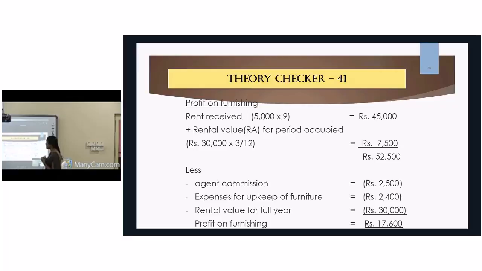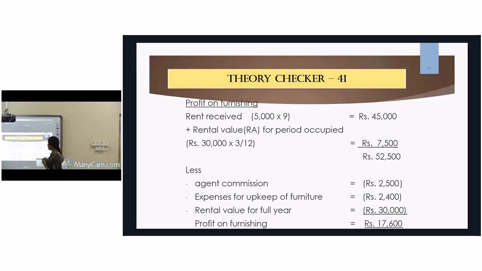52,500 is the income. Then from that you have to reduce the expenses. Agent commission 2,500 they have incurred, expenses for upkeeping of the furniture 2,400, and rental value for the full year 30,000.